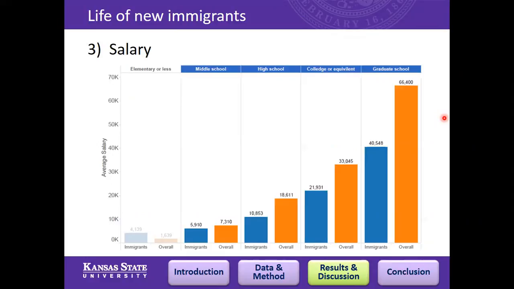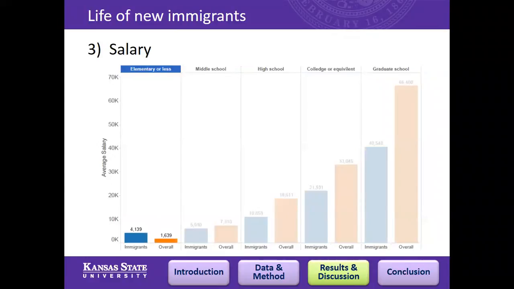This is sad truth. The only exception is that for people with least educational background, they make slightly more than US overall. This is also what I mentioned before. Yes, most employers prefer immigrants as good laborers.